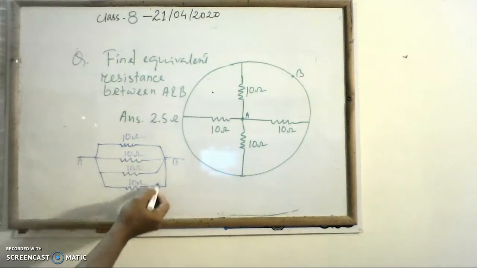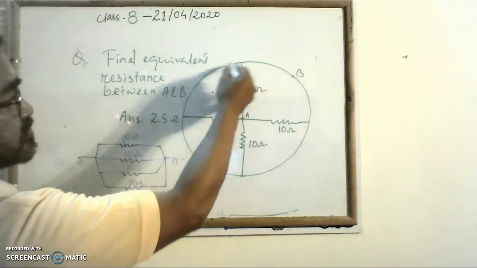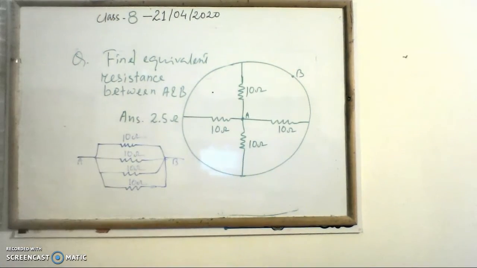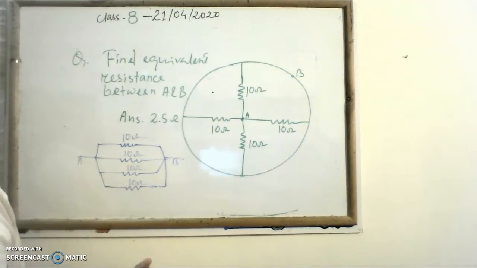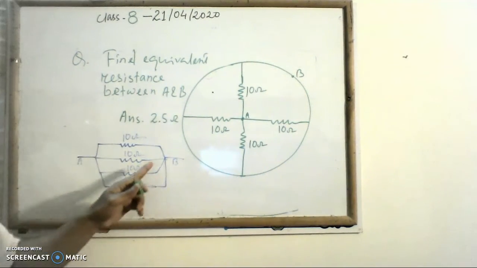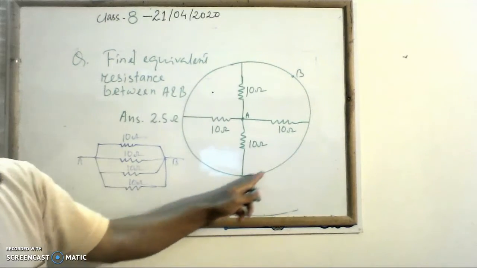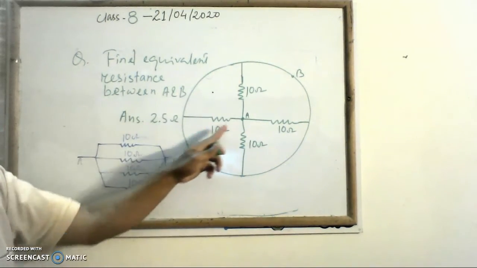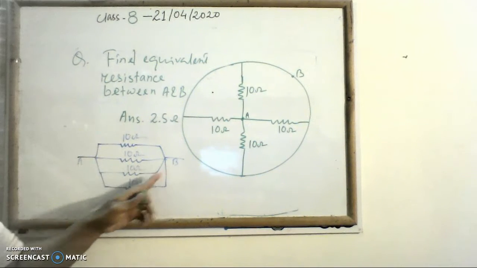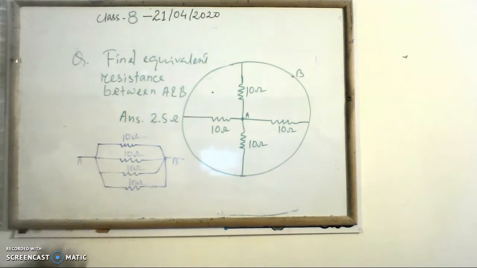All the other ends are connecting with B. B is a conductor. Don't worry, this is a circle. The shape may be different, but the connection, this is a connecting wire. Nothing. This is a conductor. It is connected with all the resistors' other ends. So this is parallel.